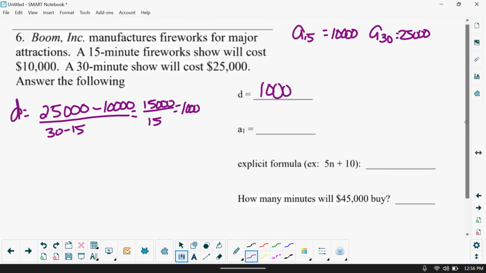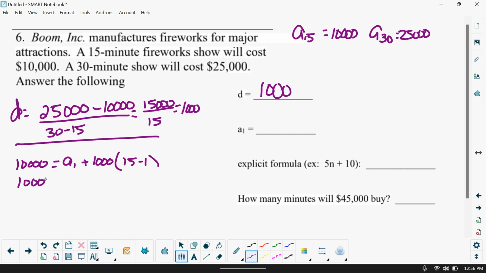Now we're going to choose which one we want. I'm just going to use the smaller one. So 10,000 equals a1 plus 1,000 times, that was the 15th term, minus 1, so 14. a1 plus 14,000. I want to make sure I did that right. 14 divided by 15. Okay. Subtract 14,000.